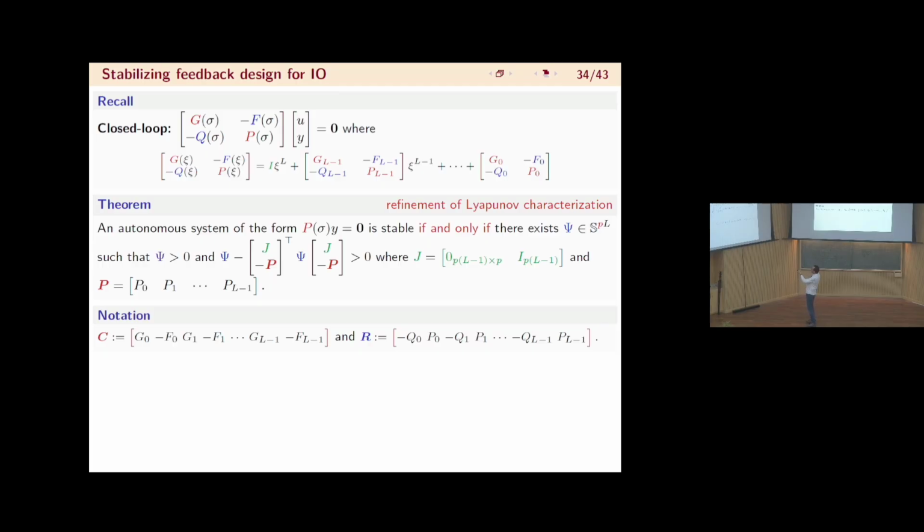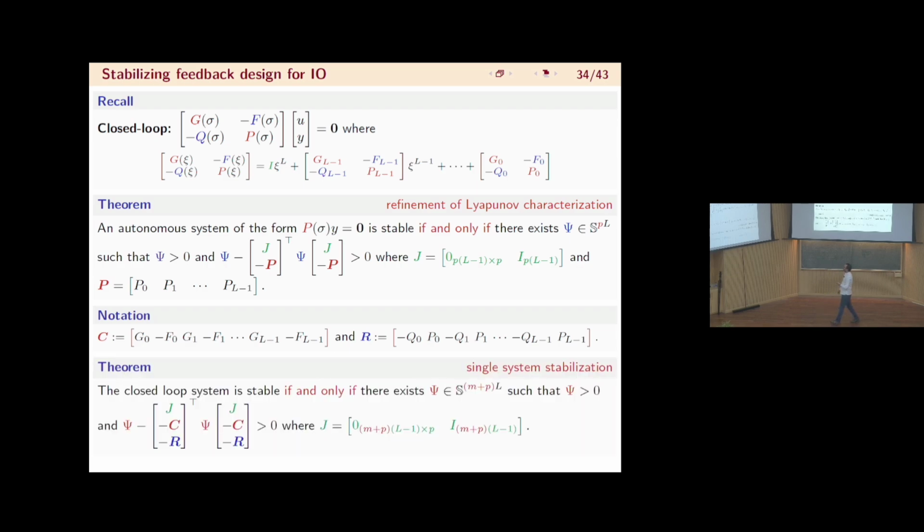And in R, I collect coefficient matrices that come from the system. So C is like the first row block here, and R is related to the second row block here. Then I can now replace P by these coefficients. And if I do that, P is going to be C on top of R.